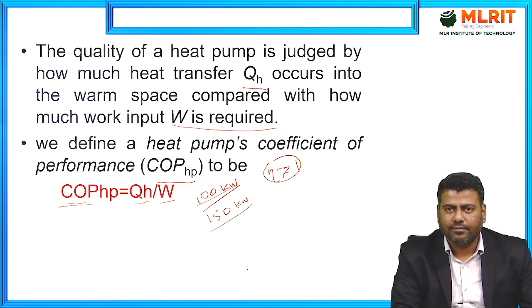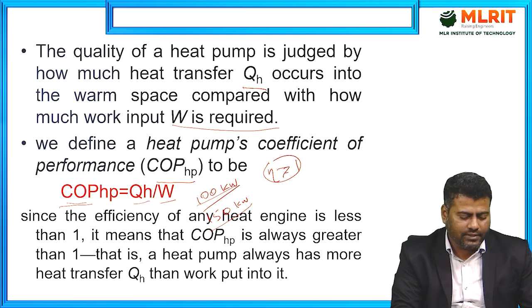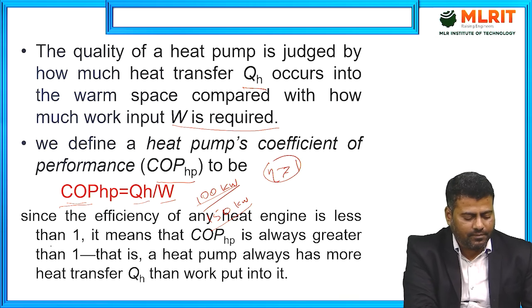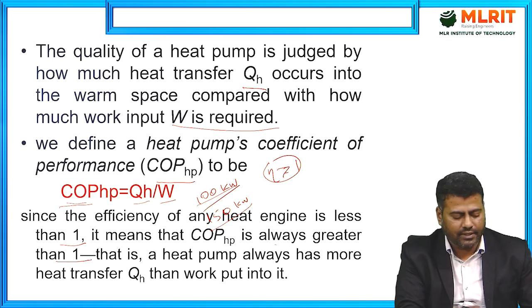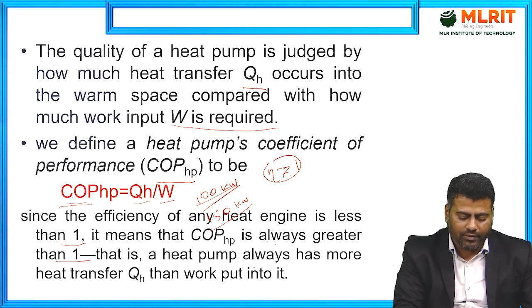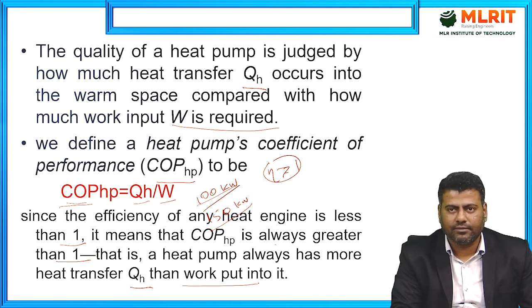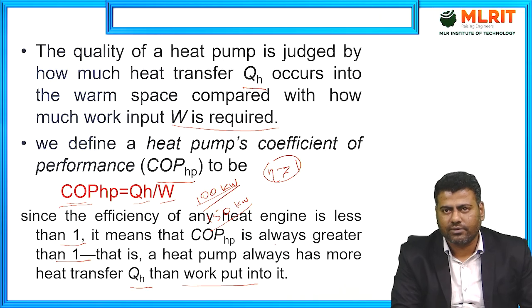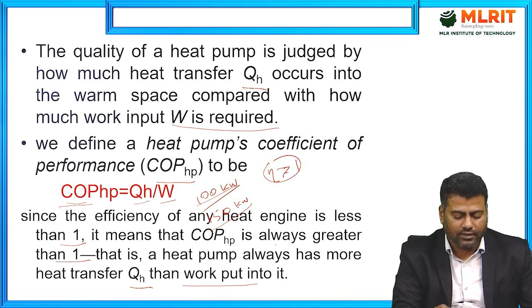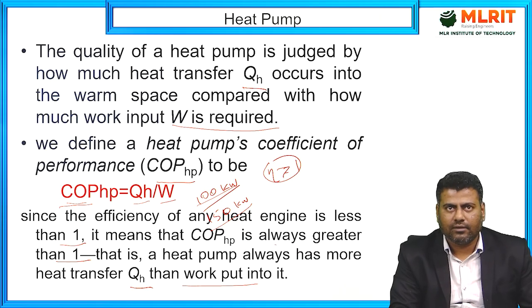So that is why we term it as COP. That is the difference between eta and COP. Since the efficiency of any heat engine is less than 1, the COP is always greater than 1. So instead of efficiency we term it COP, and a heat pump always has more heat transfer QH than the work input to it, right? Why? Because the combination of QC plus W equals QH.